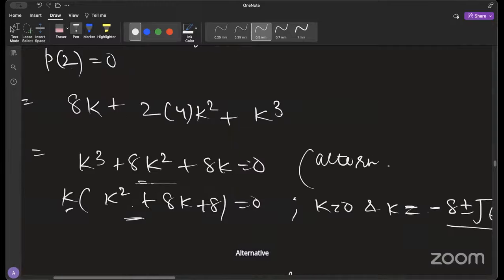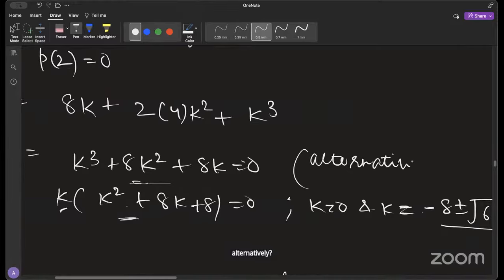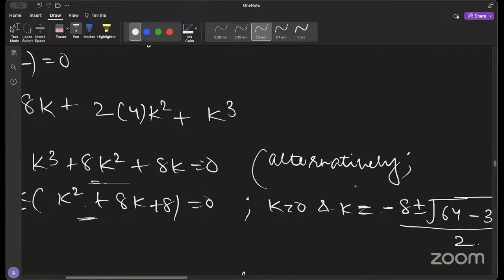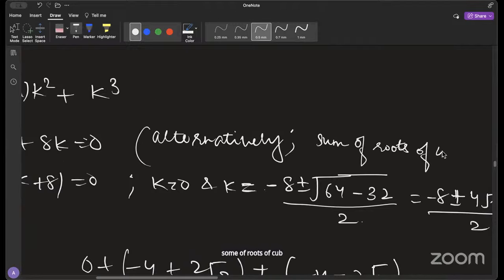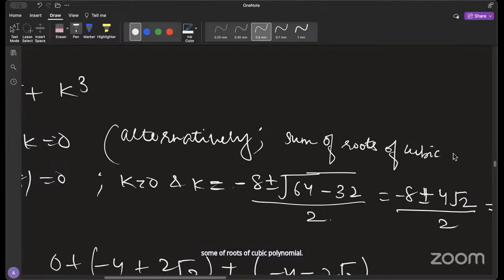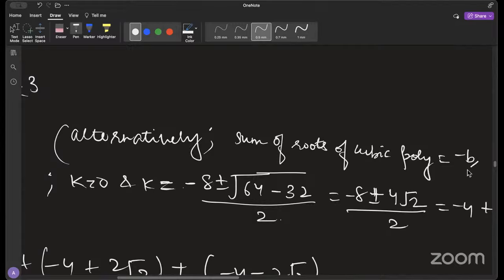Alternatively, the sum of roots is like alpha, beta. Let me just write the sum of roots. The sum of roots of a cubic polynomial is minus b by a.